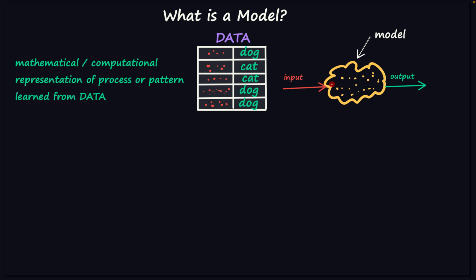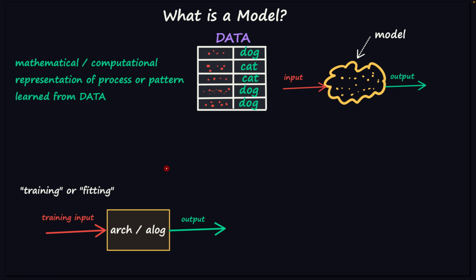It will recognize how this input is mapped to this output, and then it should be able to do that on its own on any new data. If we provide any new image, the model should be able to classify whether that image is a cat image or dog image. This process of teaching the model to learn from data is called training or model fitting.